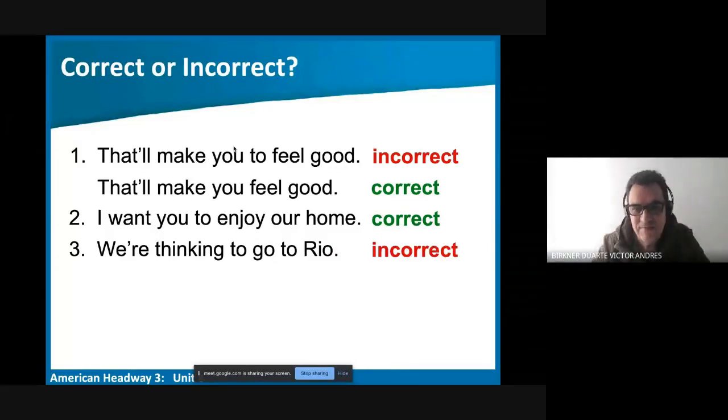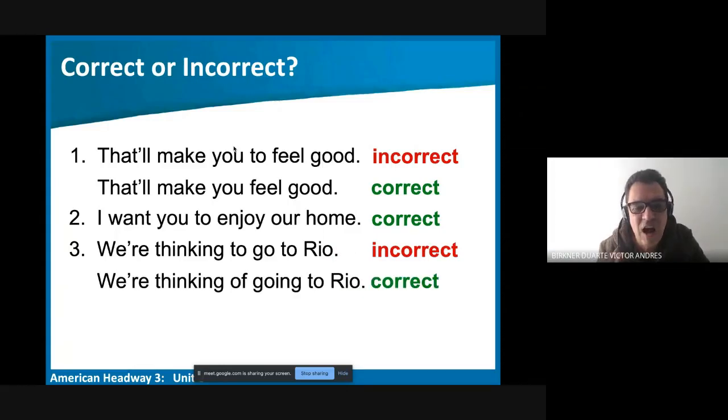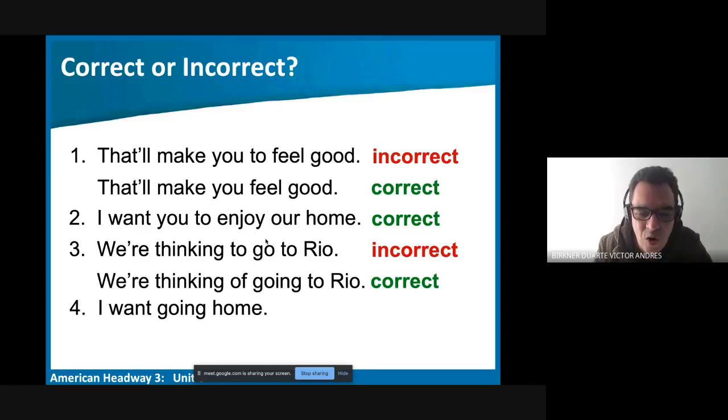All right, let's see. And the correct version would be we're thinking of going to Rio. Remember that whenever we use the verb think, we have to say think of, not think to. All right. In this case, we are using a preposition, right? That's why we use an ing form. And number four, I want going home. Is it correct or incorrect?